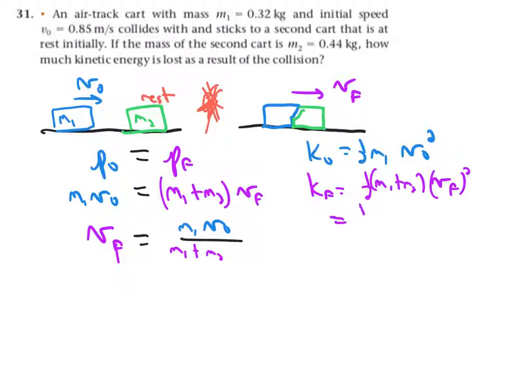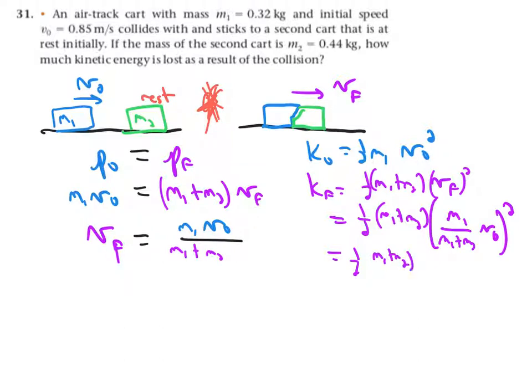We can say, well, this is 1/2 (m1 plus m2), and then over here, using this result, we end up with (m1 over m1 plus m2) times v0 squared. And so we have a half, and we still have the m1 plus m2, and here we get m1 squared over (m1 plus m2) squared, v0 squared.